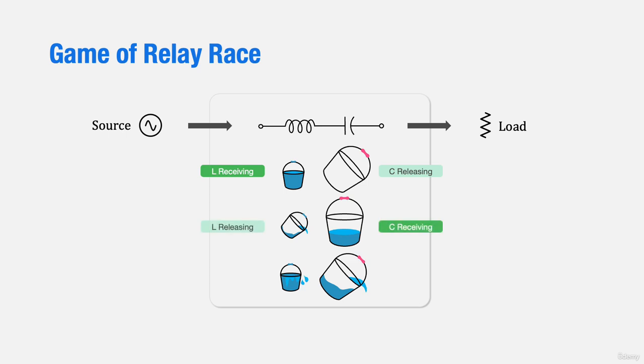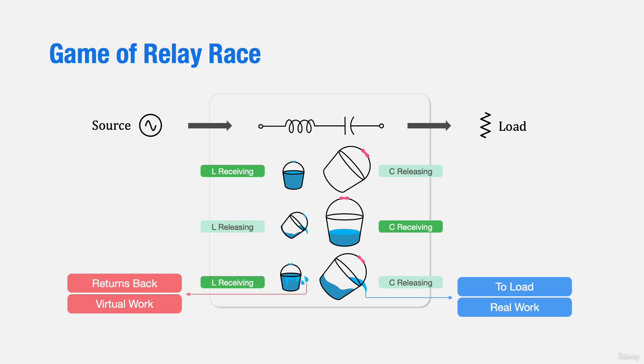In the next half cycle, when the inductor releases energy, the capacitor receives energy from the inductor, but only up to the maximum amount of energy that the inductor can store.